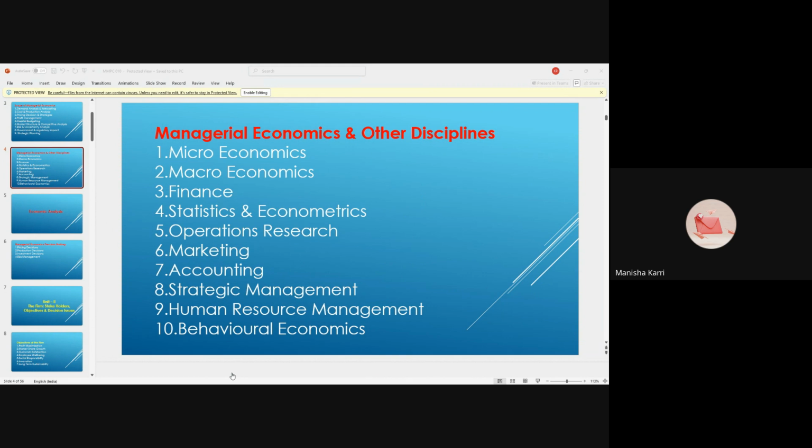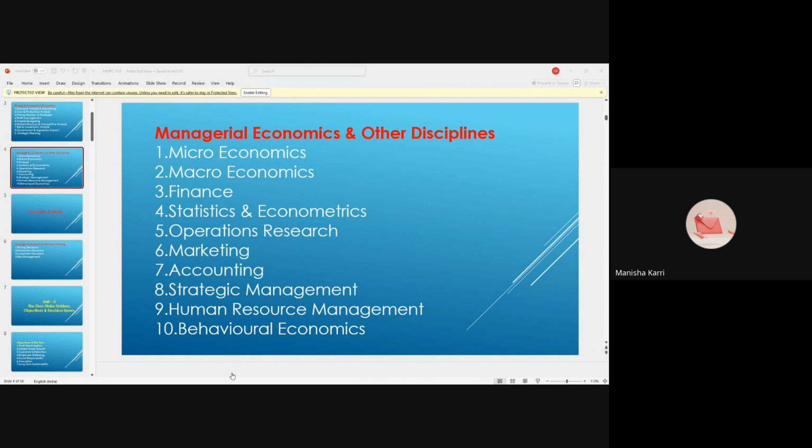Coming to strategic management, here it focuses on long term planning and competitive strategy formation, which is very much contributed to by providing economic analysis as well as forecasting to inform strategic decisions, is nothing but strategic management.